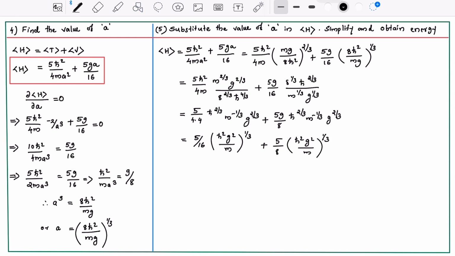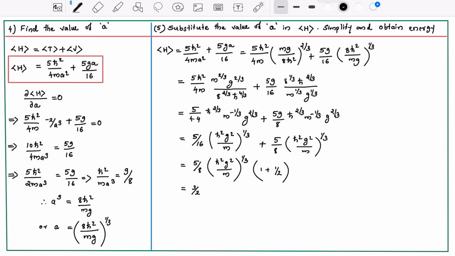Now let us take ħ²g²/m and 5/8 outside. 5/8 (ħ²g²/m) raised to 1/3 is common. So let us write it as 5/8 (ħ²g²/m). Then the remaining part is 1 plus 5/8 (ħ²g²/m) all raised to 1/3. Then it is 1 plus 1/2.